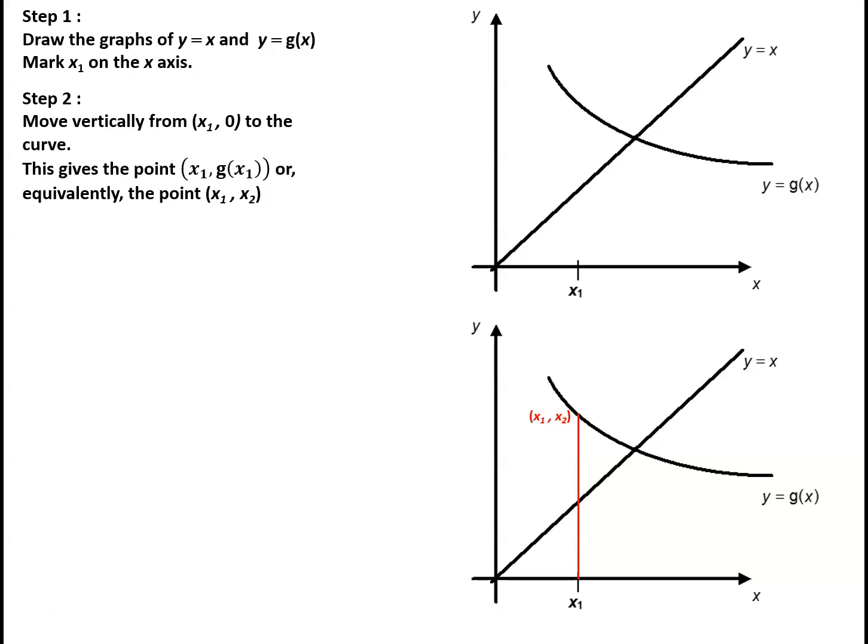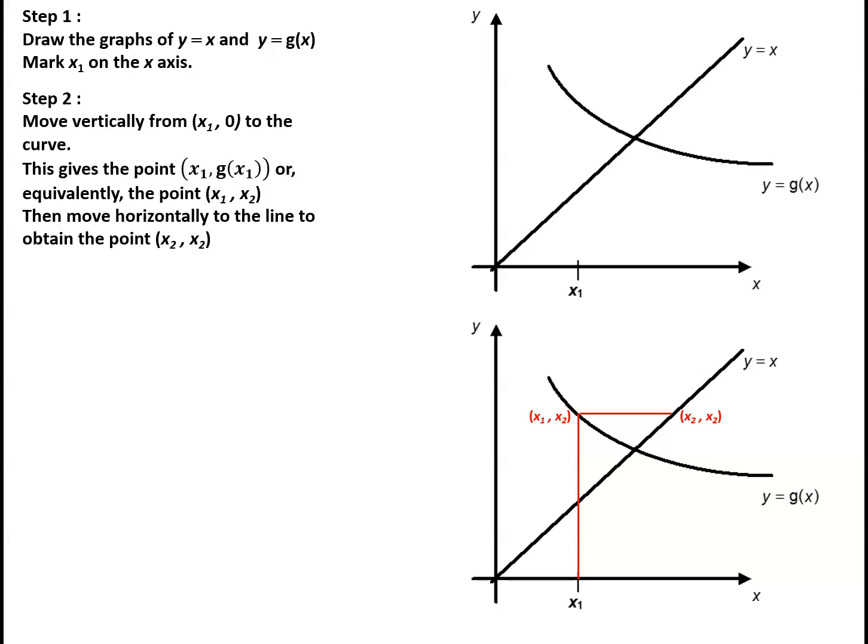If I'm moving horizontally, then the x coordinate is going to change, the y coordinate stays the same, but I'm only moving as far as the line y = x, so the x coordinate and the y coordinate will be the same, which means that we will have arrived at the point (x_2, x_2).